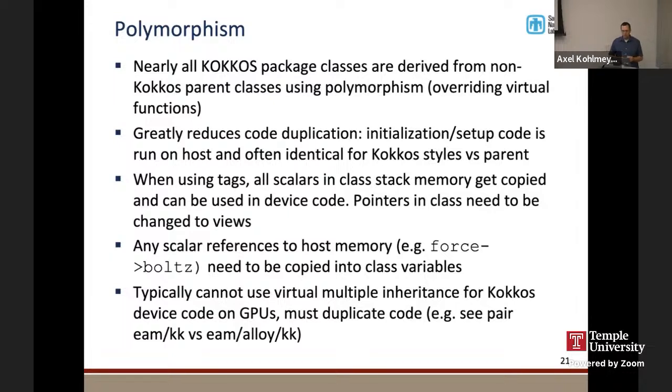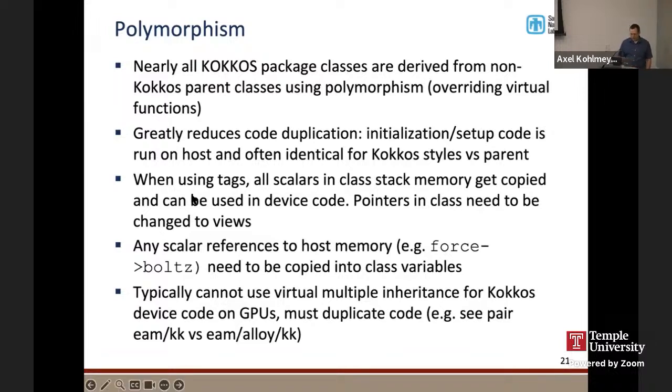Another nice thing is that when we use the tags, and we're passing a full copy of the class to the GPU, any scalars in the class stack memory get copied to the GPU as well, and they can be used there. But if you have pointers, then those are pointing to CPU memory, and so those have to be changed to views.